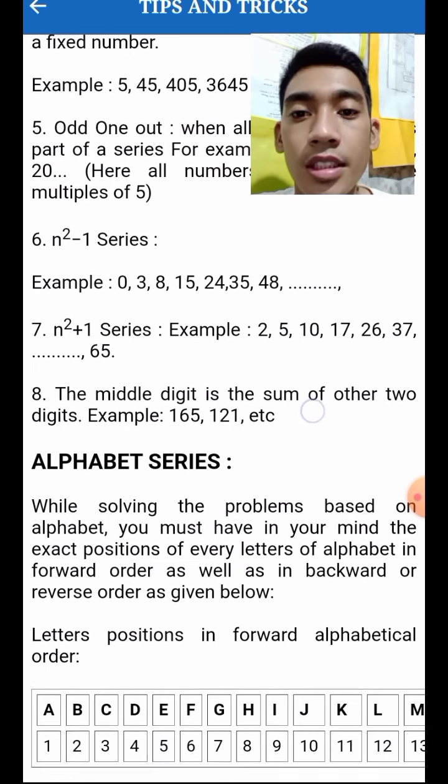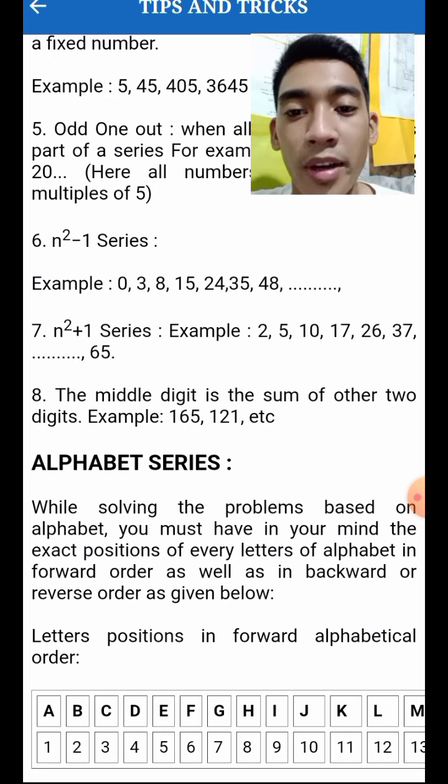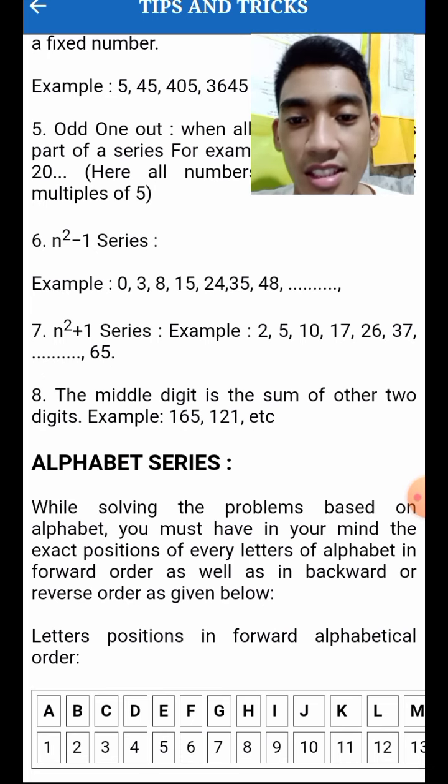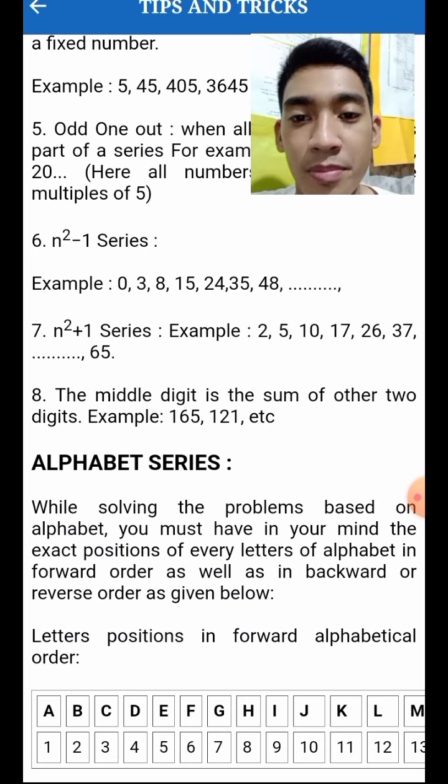Next, the n raised to the power of 2 minus 1 series. That is the formula: n squared minus 1.